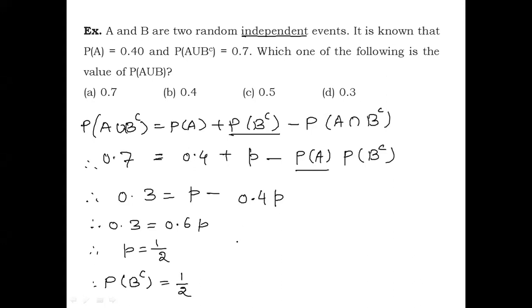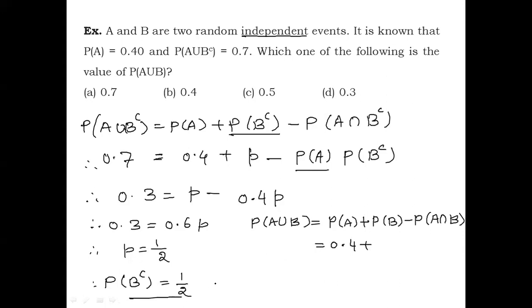What is asked? Probability of A union B. Probability of A union B is equal to probability of A plus probability of B minus probability of A intersection B. So this is equal to probability of A, which is 0.4, plus probability of B. Actually, probability of B complement is half, which means probability of B is also half.